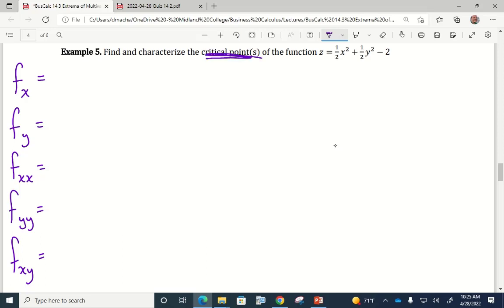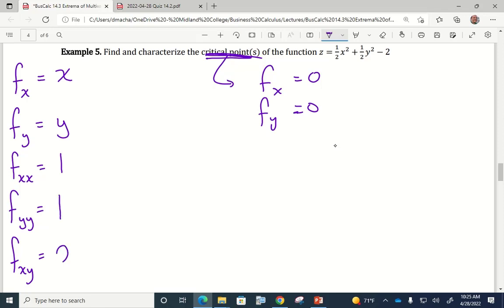So critical points means I set the first derivatives equal to 0. My first derivative of this function with respect to x would be x. My first derivative with respect to y would be y. My second derivative with respect to x would be 1. My second derivative with respect to y would be 1.